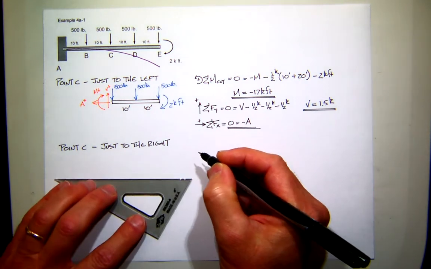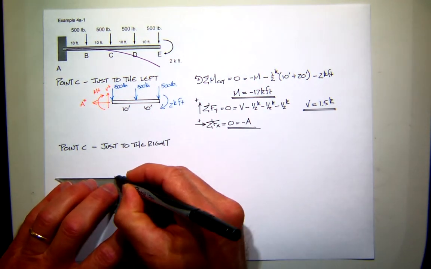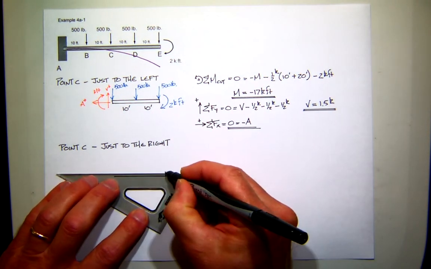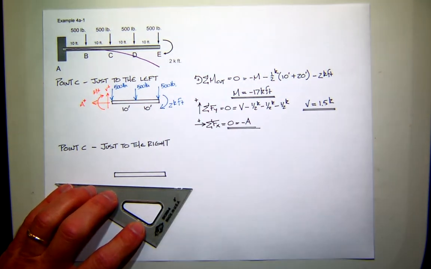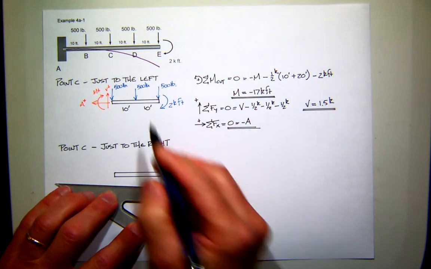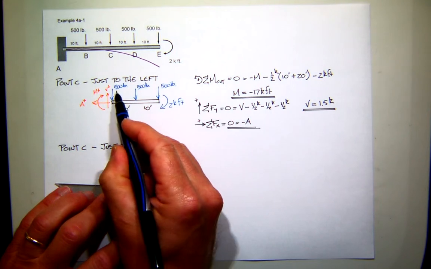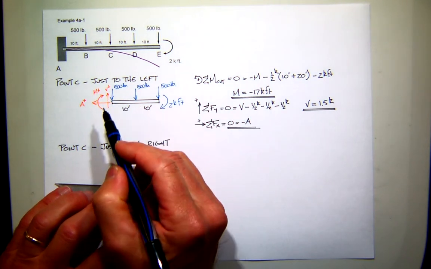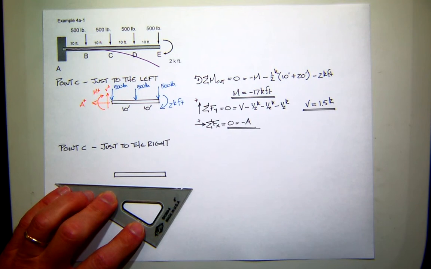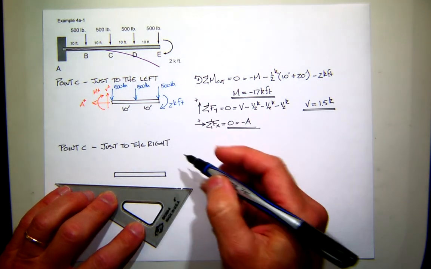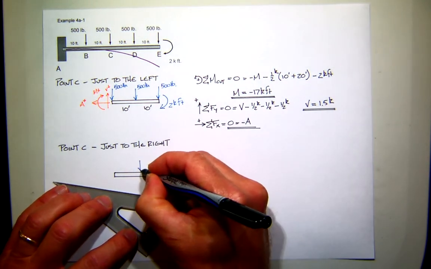But what happens? Well, the geometry of my free body diagram does not even look any different. But I've moved just to the right of C, so now this 500-pound force that was just to the right is now off the body. So it's not there anymore. But I still have the one at midpoint.